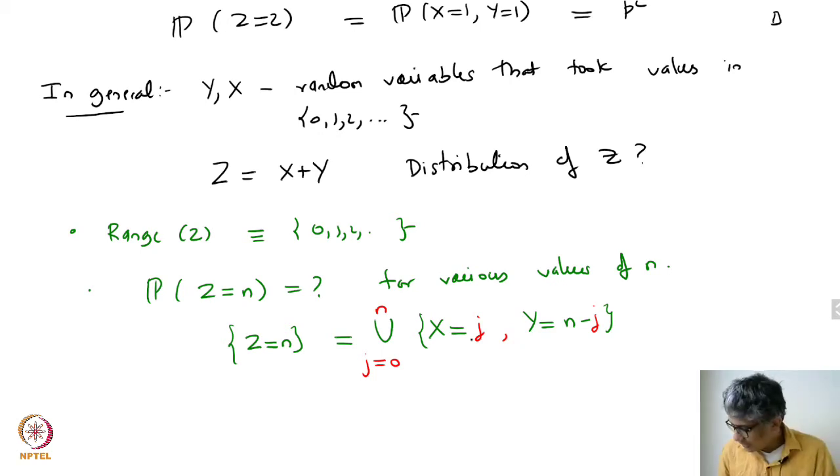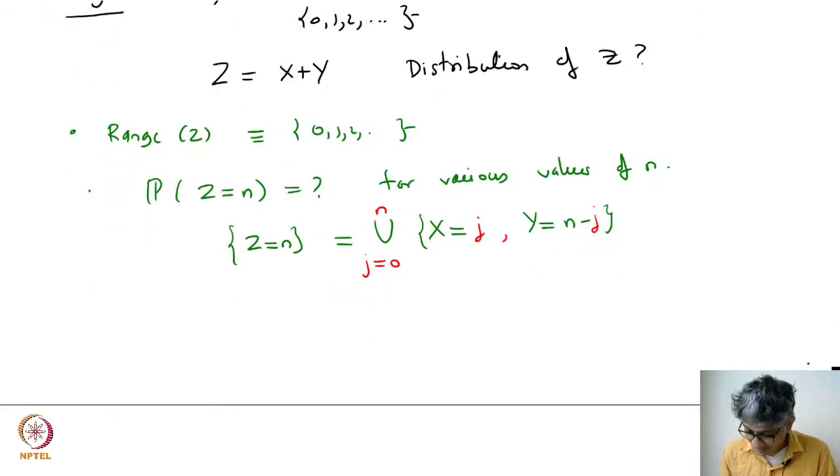And of course, now the observation is that they're all disjoint events, because if x is j and y is n minus j for one j, it can't be anything else.